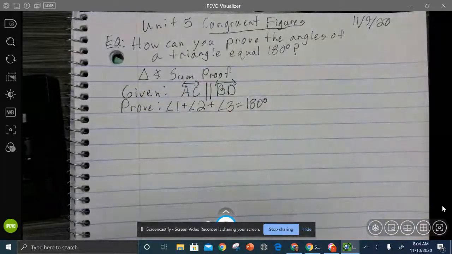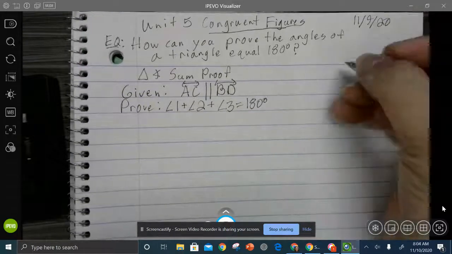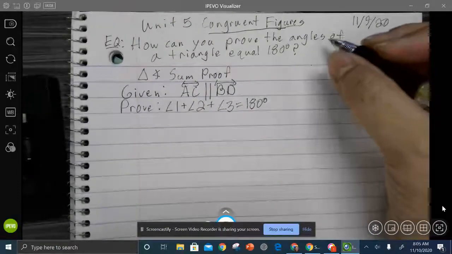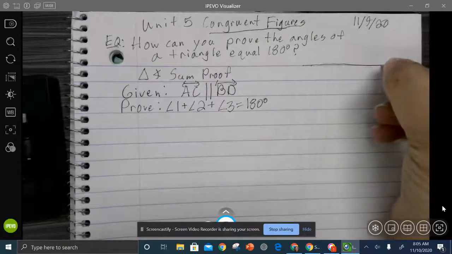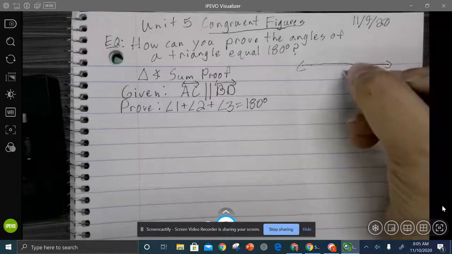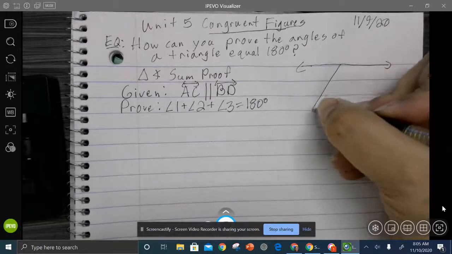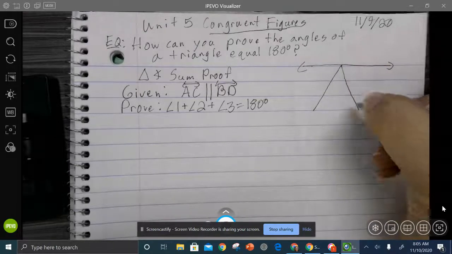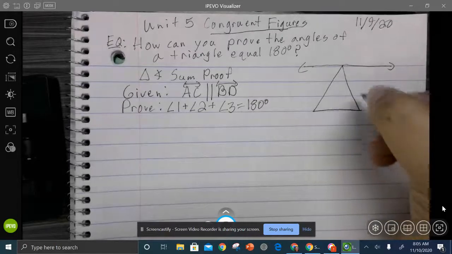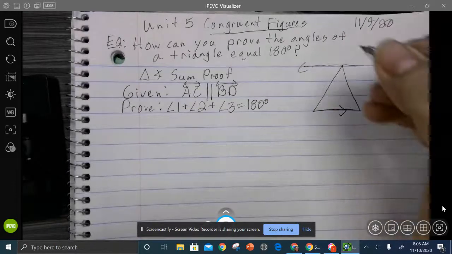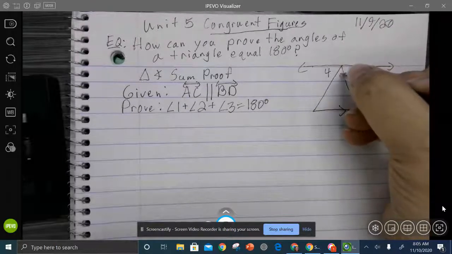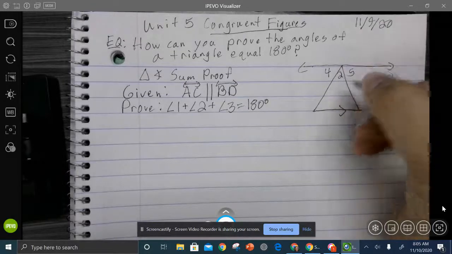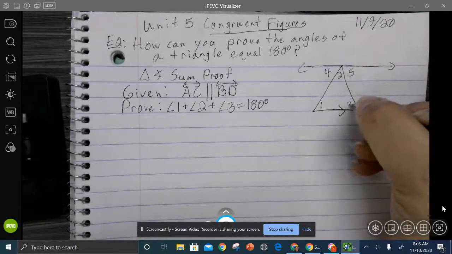Okay. And we're going to do our diagram. So 4, 2, 5, 1, and 3.